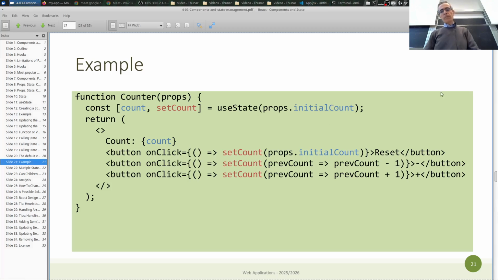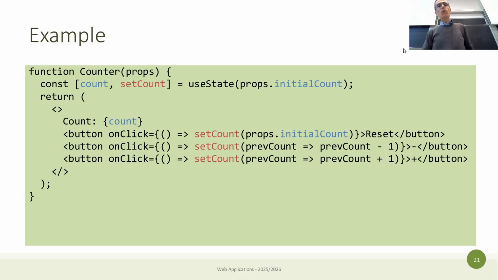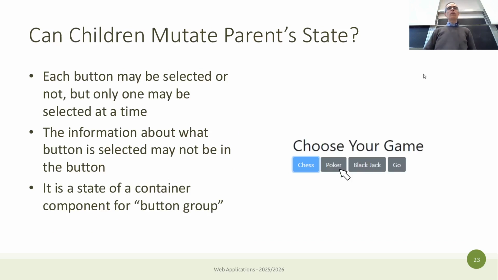Okay, so let's proceed with a more complex example. At a certain point, it might happen that we have a state in a component. We say this state is private to the component. Because you do useState, you get a variable and the setter of the variable in that component. How can you use it from outside the component, in another component, in a children component, for instance?